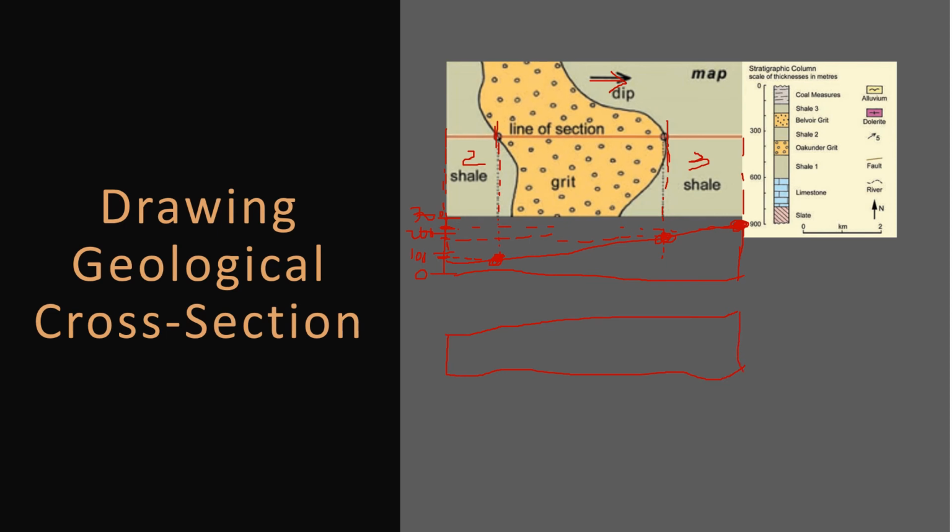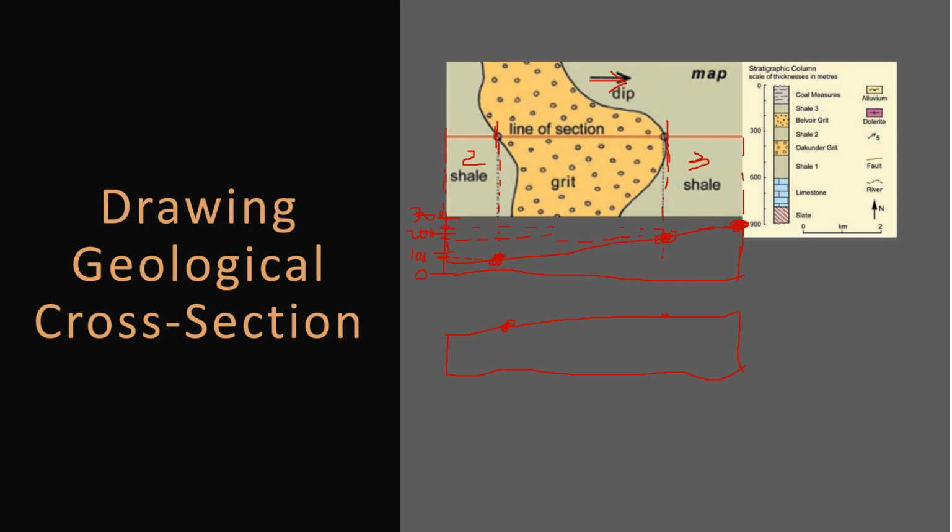And then we have points. Let's say this is point 1 and this is point 2. After establishing the points, we are going to project the thickness of the Belvoir grit.